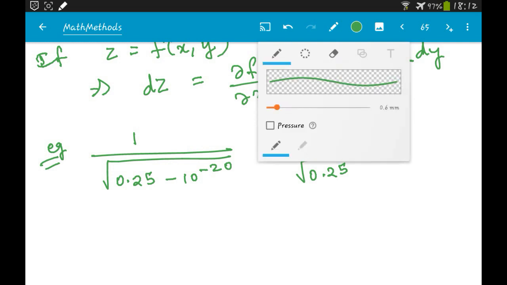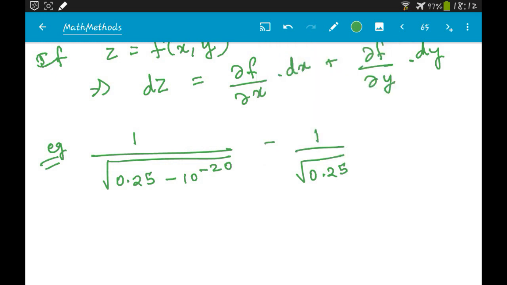So you should first look at this problem and see what does it look like. If f of x is 1 by root x, then this is basically df, right? Basically you are subtracting this entire function with a small dx.